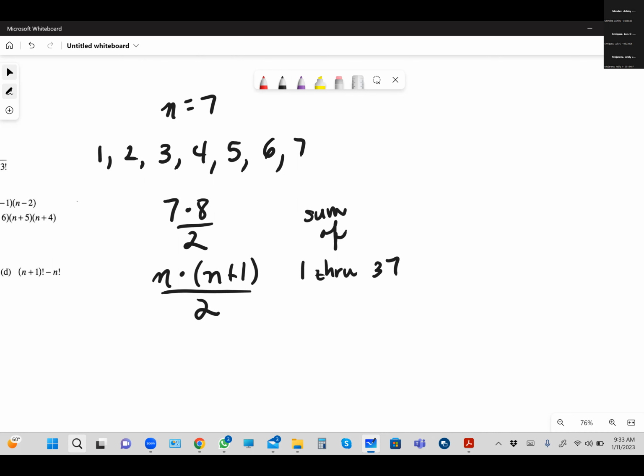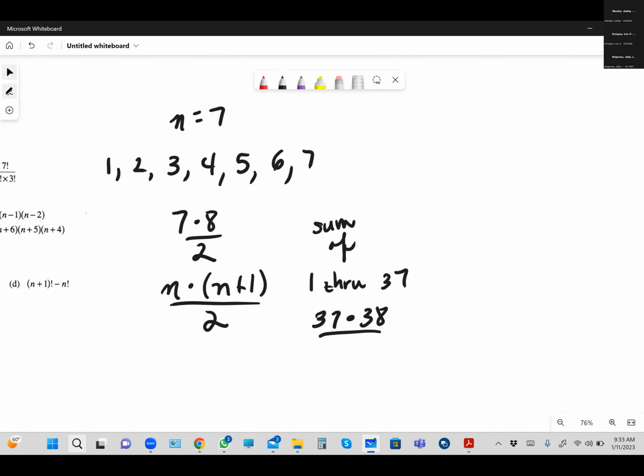You add the last and the first one. So you take 37, you multiply it times 1 plus 37, or 37 plus 1, and then you divide by 2. That's what you do.